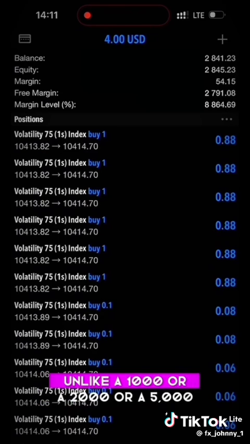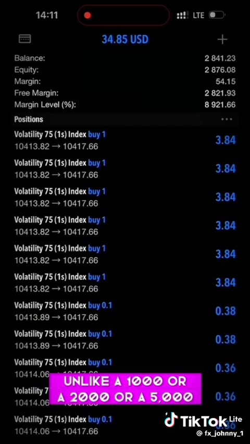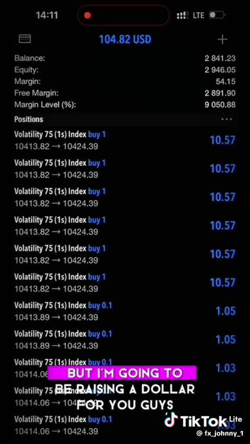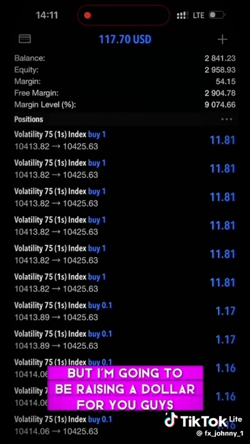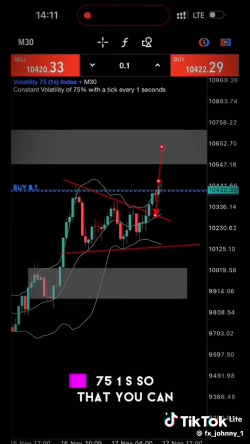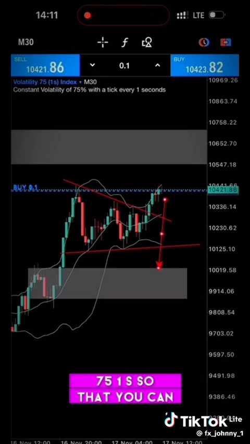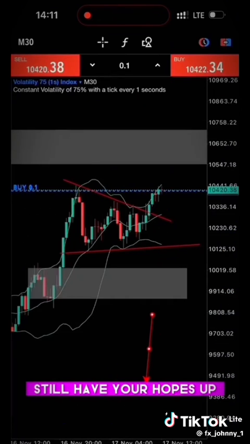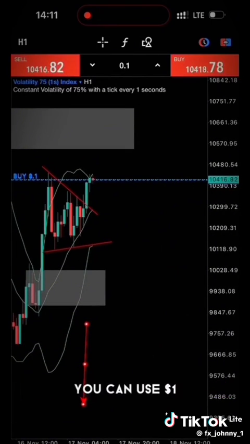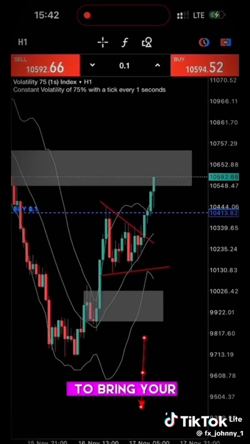Unlike a 1000 or a 2000 or a 5000 account, which are very fast to raise. But I'm going to be raising $1 for you guys so that you can see that it still works in Volatility 75 (1s), so that you can still have your hopes up. If you blow your account, you can use $1 to bring your account back.